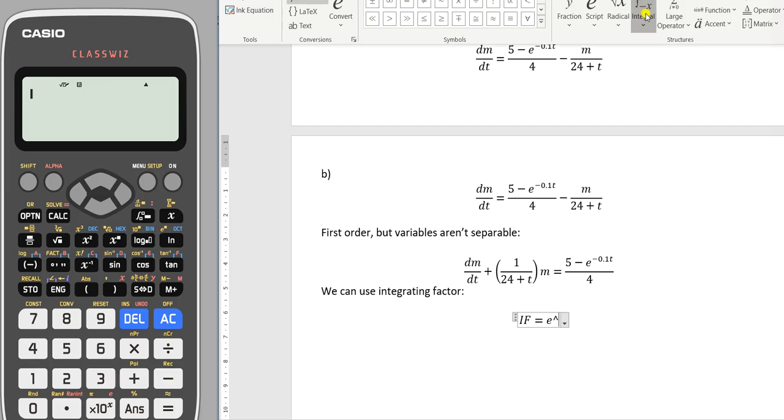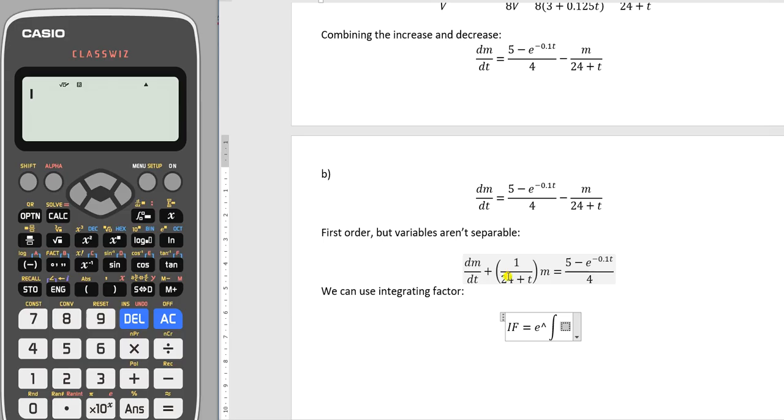The integrating factor is equal to e to the power of the integral of the term in front of m in this case, so 1 over 24 plus t. And because that integrates to ln of 24 plus t, and the e and the ln cancel out nicely, we know that we need to multiply everything by 24 plus t.